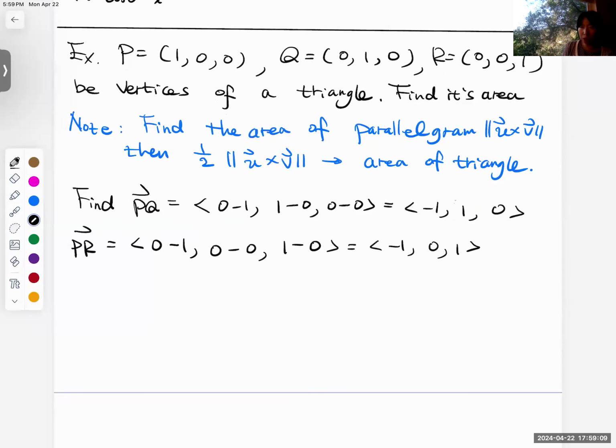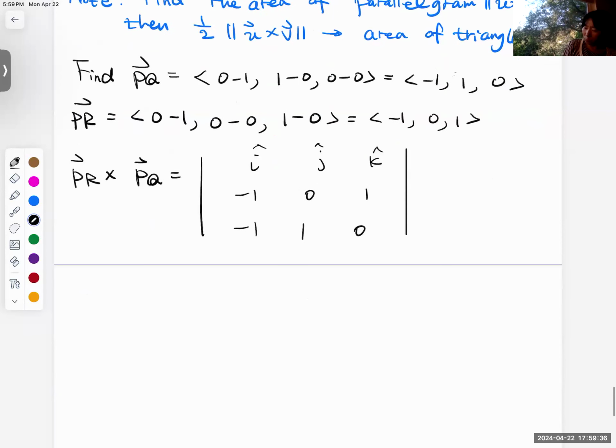Okay, so we make a cross product of those vectors, PR and PQ. So i, j, k, we have -1, 0, 1 and -1, 1, 0. So we get i minus j plus k.